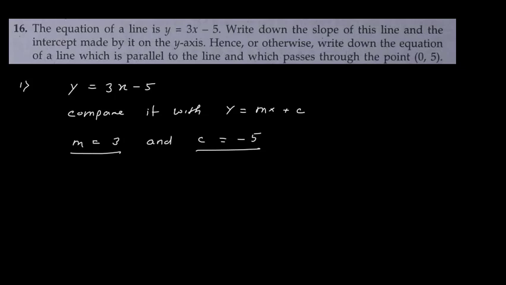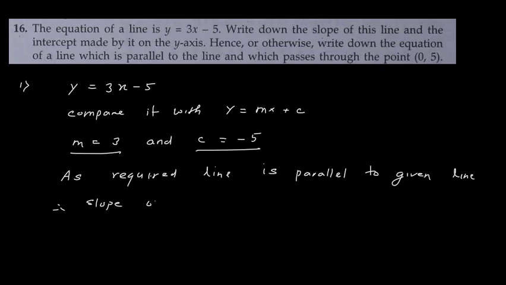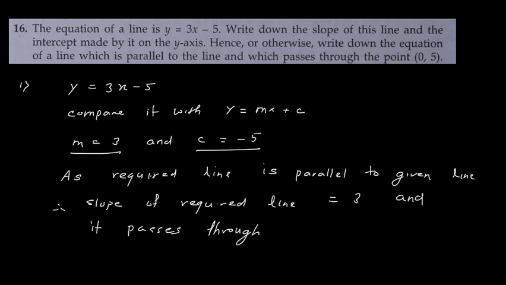So as the required line is parallel to given line, so I will say required line is parallel to given line, therefore slope of required line is 3 and it passes through 0, 5.